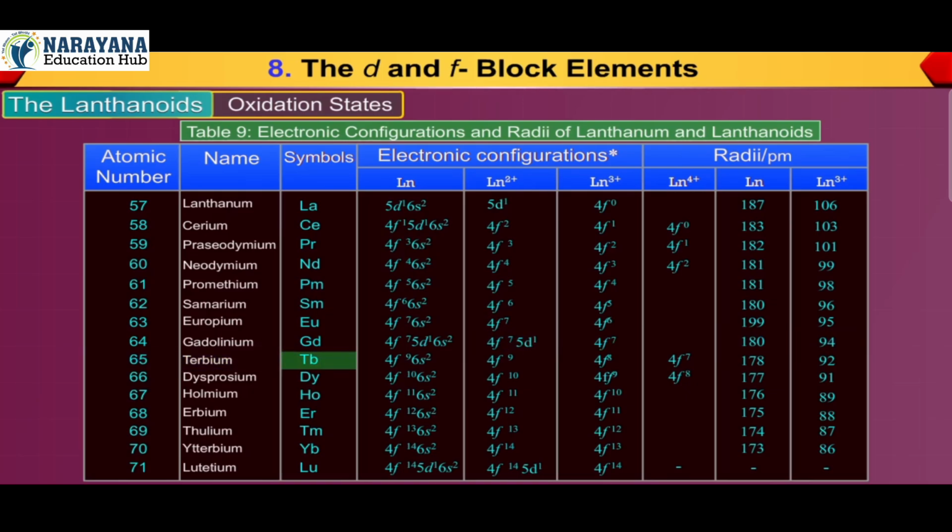Terbium, Tb, 4f9 6s2, 4f9, 4f8, 4f7, 178, 92. 66. Dysprosium, Dy, 4f10 6s2, 4f10, 4f9, 4f8, 177, 91. 67.